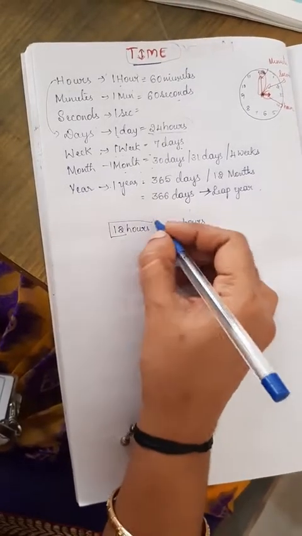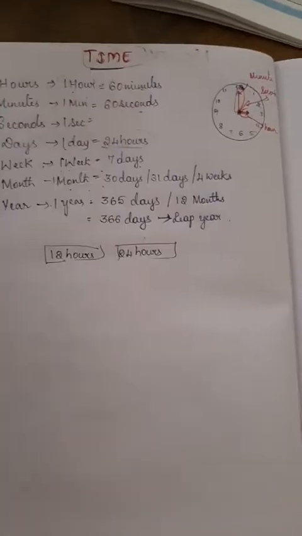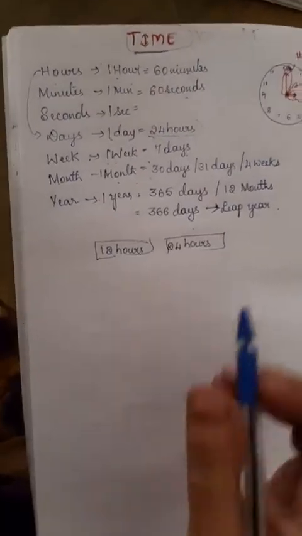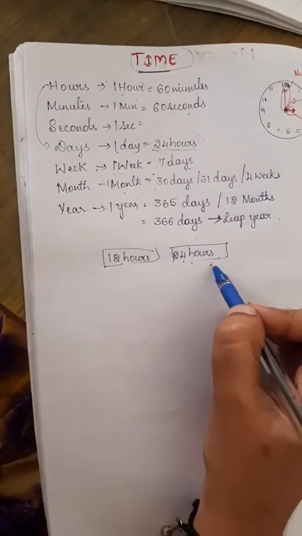These hours can be seen in a 12-hour clock or in a 24-hour clock. Either you can say the time in 12-hour format, or you can say it in 24-hour format. There are two formats, no? Now, you should know how to express the time in a 12-hour clock and how to express the time in a 24-hour clock. Okay?